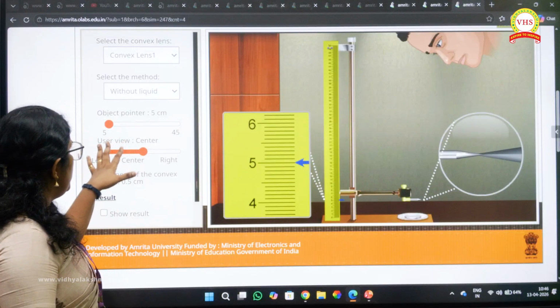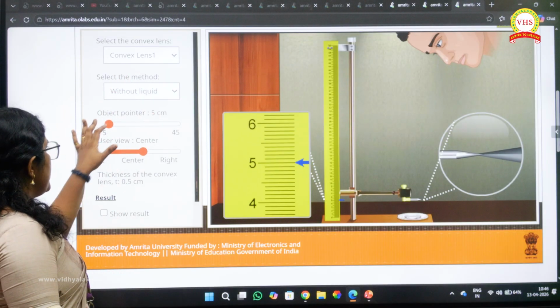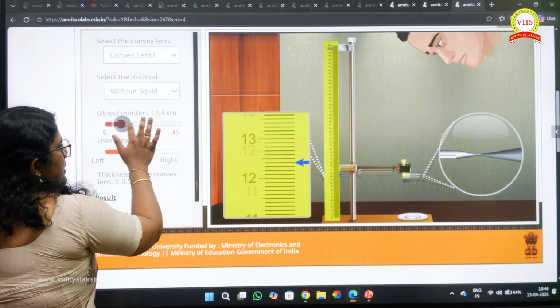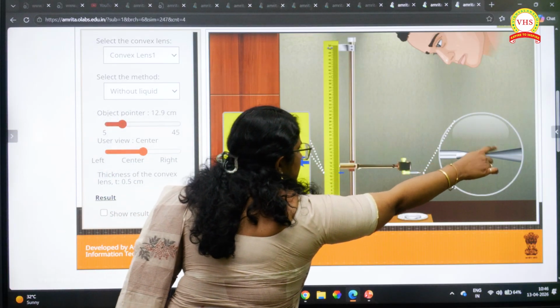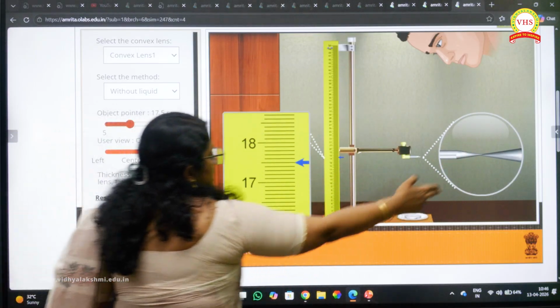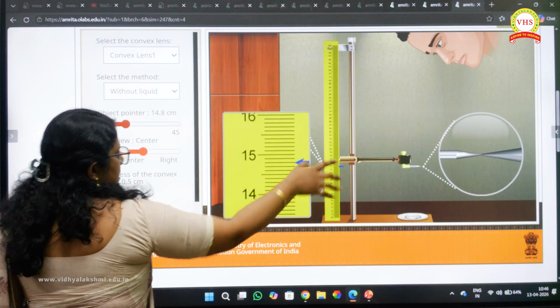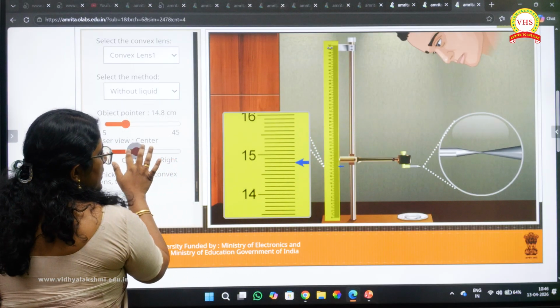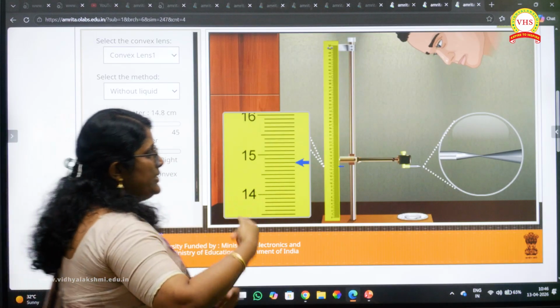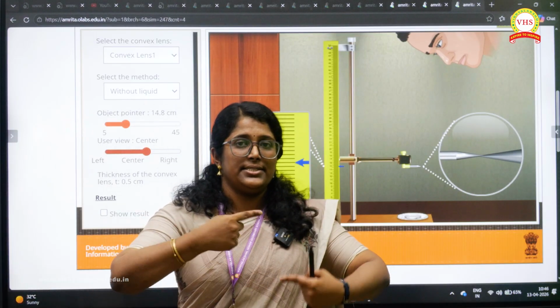When I am adjusting the value, just check what is happening to the needle. First we are going to do without liquid. Here you can change the value, and you can see the size of the needle is changing. The second adjustment is the distance, the pointer arrangement changing like this.